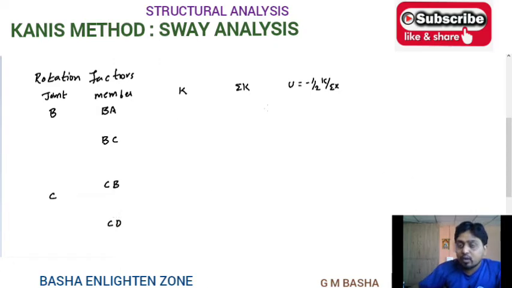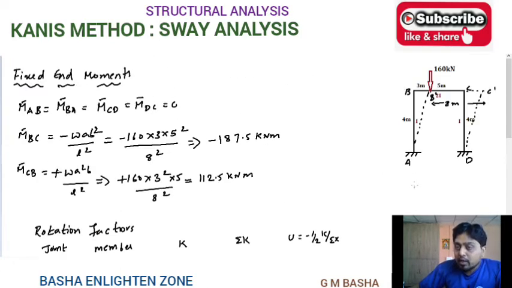Here you can observe that you are at B looking at A. A is the fixed end. If the far end is fixed, the relative stiffness will be I by L. And B looking at C, for BC, what happens? C is the intermediate joint which is considered as fixed, so that is also I by L only. For example, if A is a simply supported end, then BA will be 3 by 4 times I by L. I already solved this type of problem in the moment distribution method also, so please remember this.